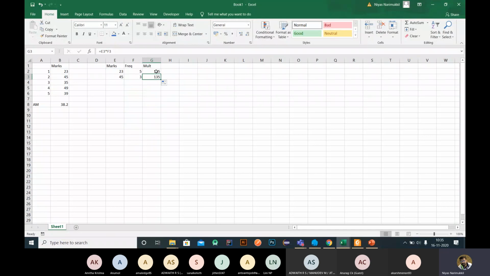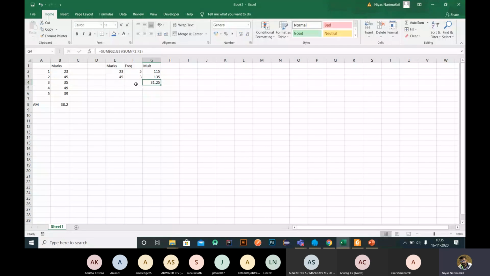So we get the multiplication here: 23 into 5 equals 115, 45 into 3 equals 135. Then we add these two things and divide by the sum of frequencies. We get the answer as 31.25. This is the arithmetic mean.